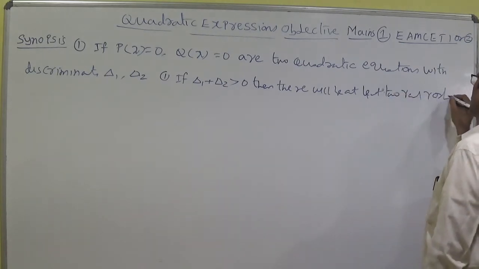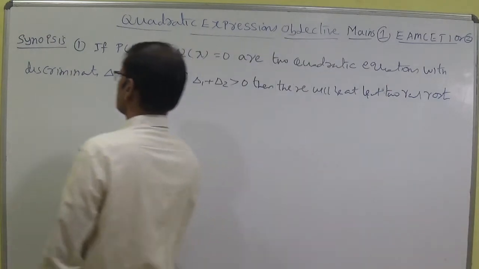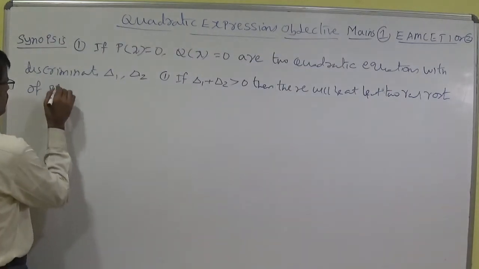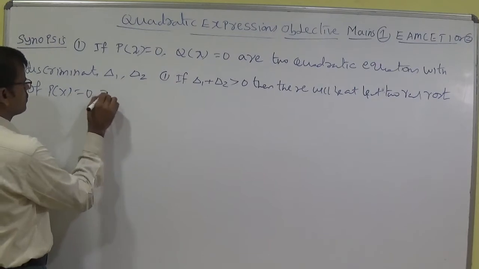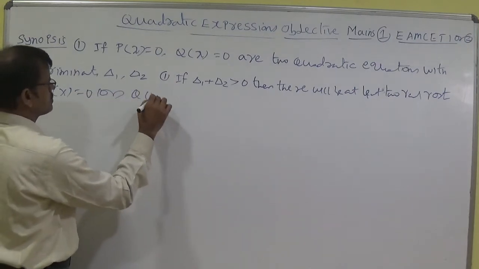There will be at least two real roots of the quadratic equations P of x equal to 0 or Q of x equal to 0.